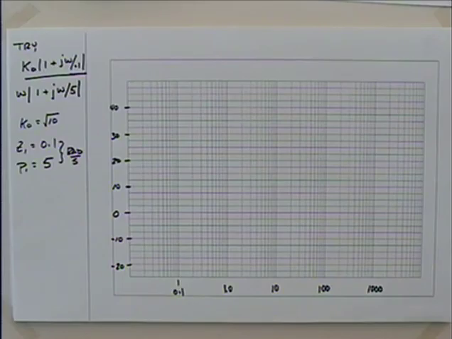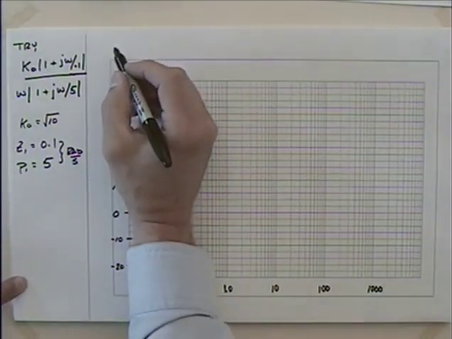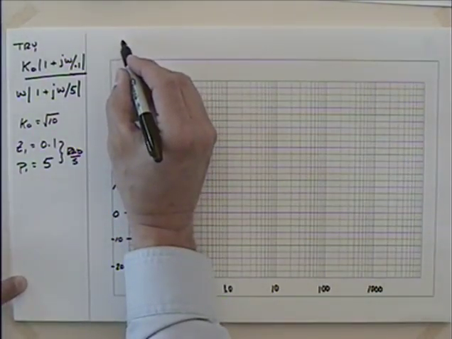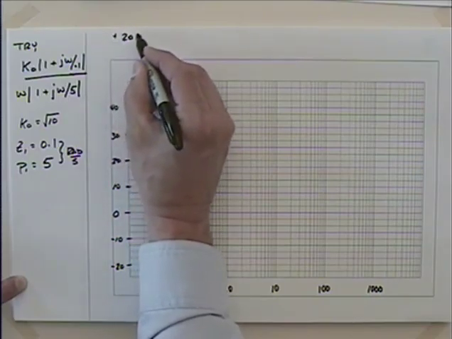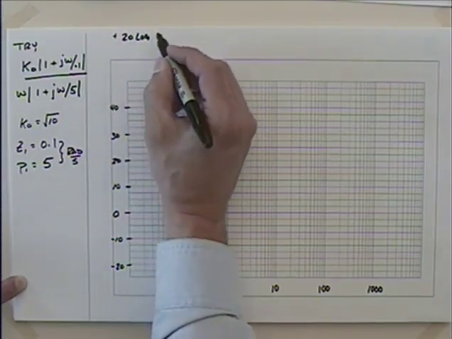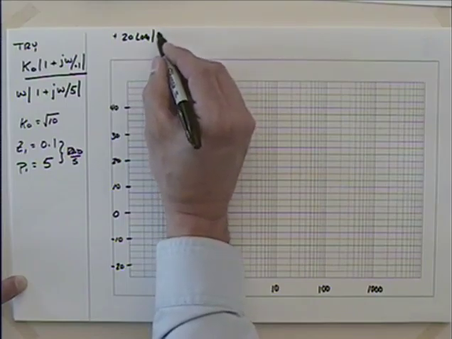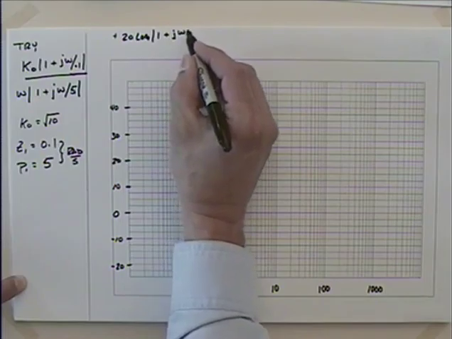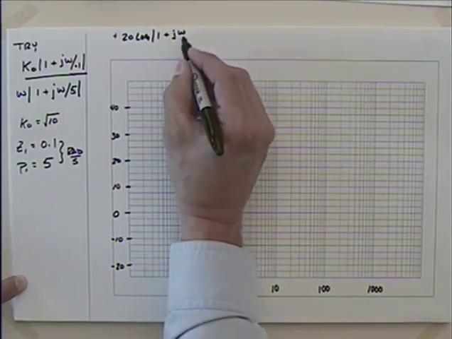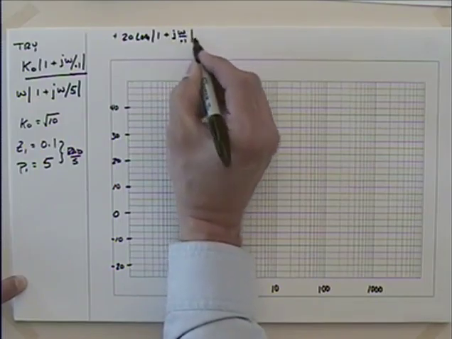So if I look at the terms on this, what am I going to have? I'm going to have a positive term that's going to be 20 times the log of 1 plus j omega over z1, which is that 0.1, right?